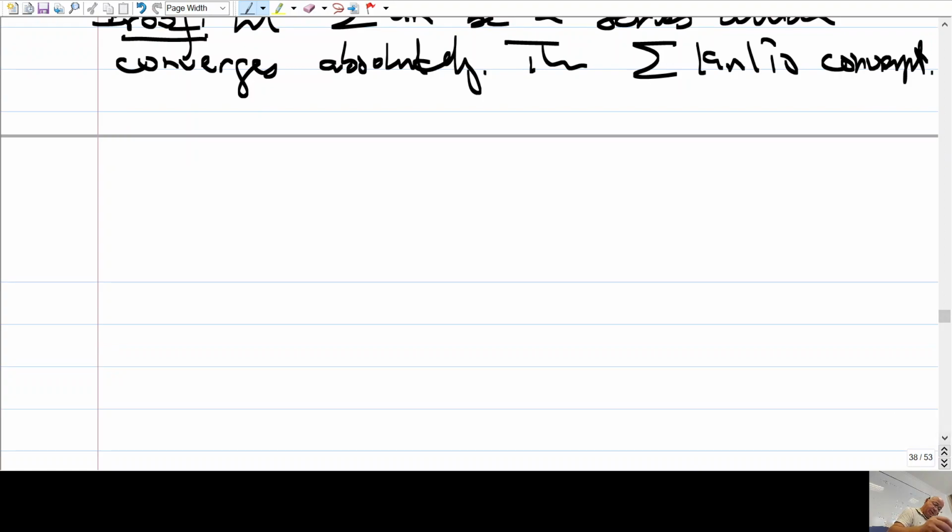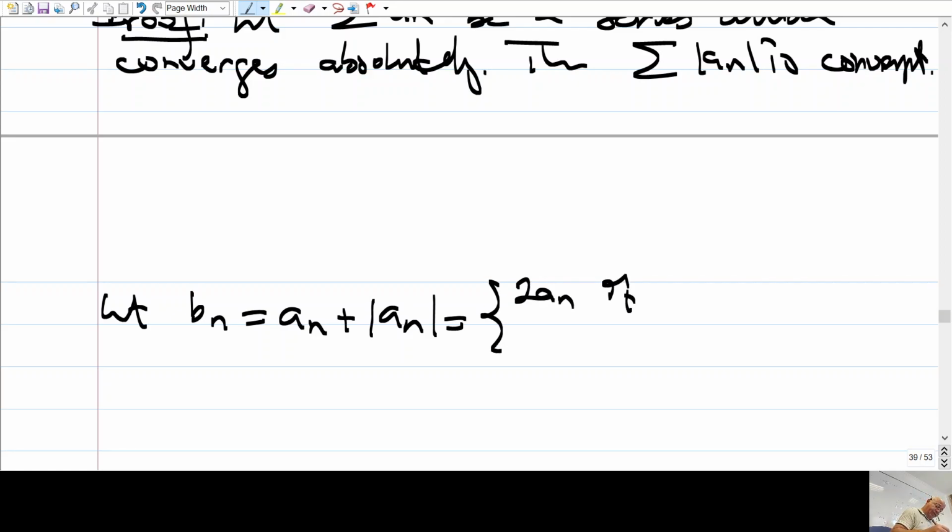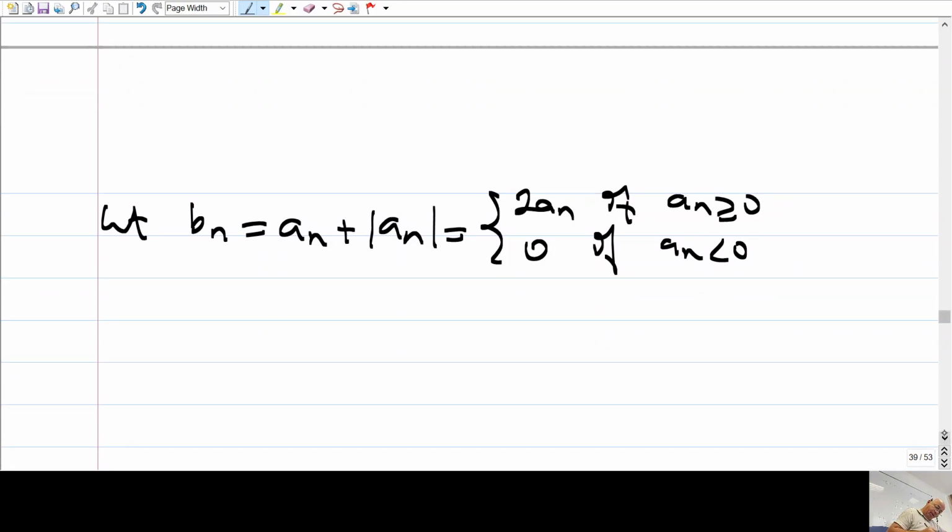Now let bn be this gadget, an plus absolute value of an. What is an plus absolute value of an? This is 2an if an is positive and 0 if an is negative, right? Hence we have that bn is never negative.